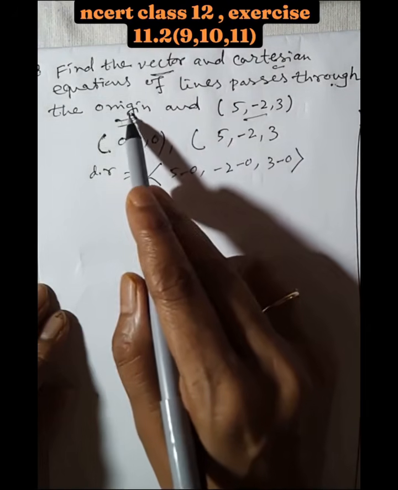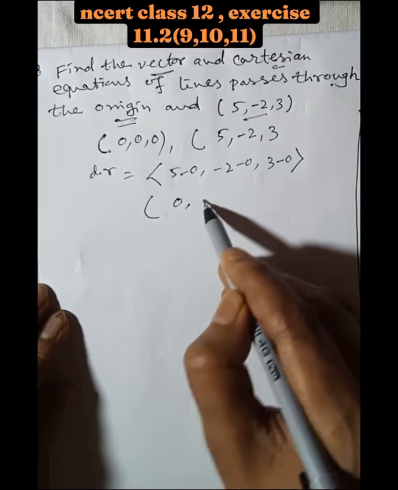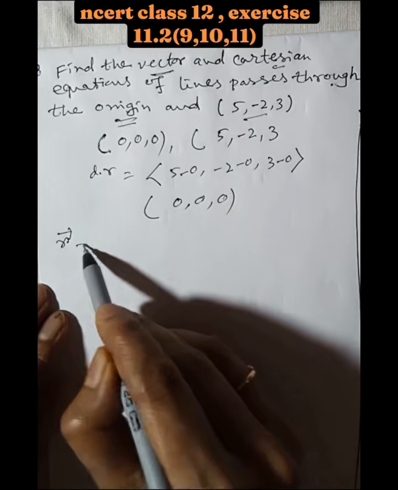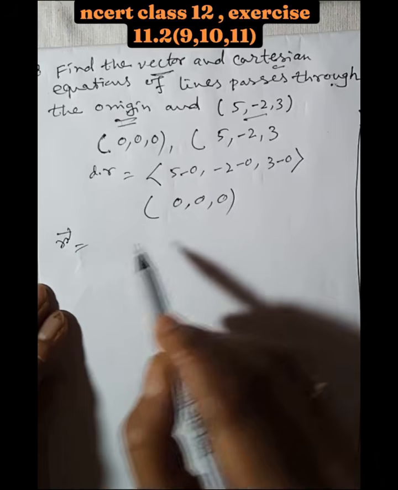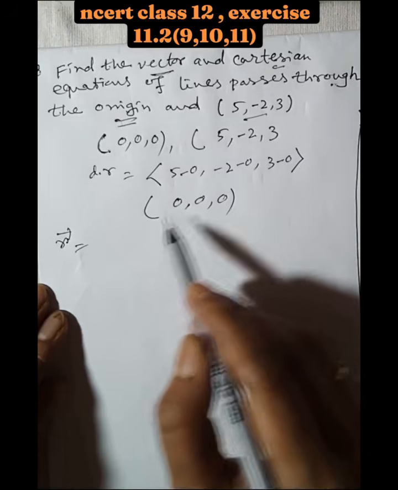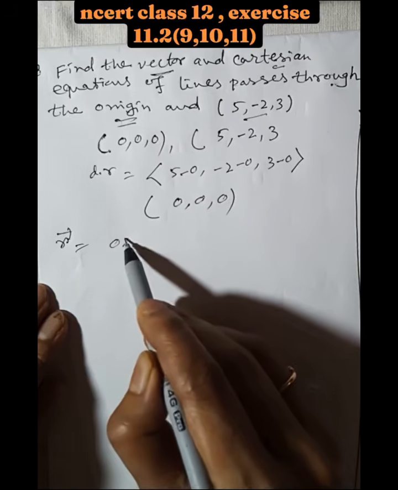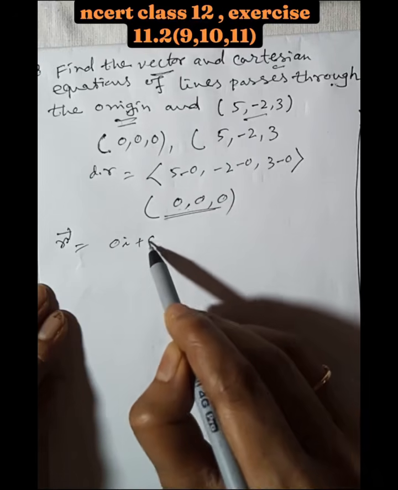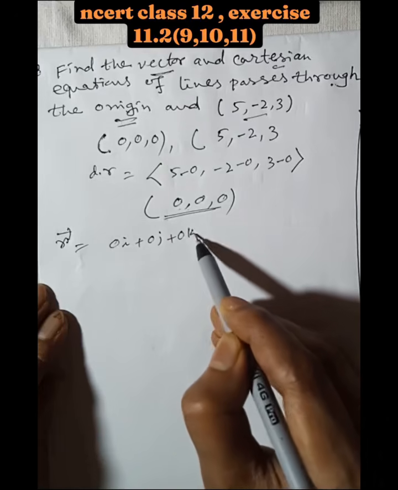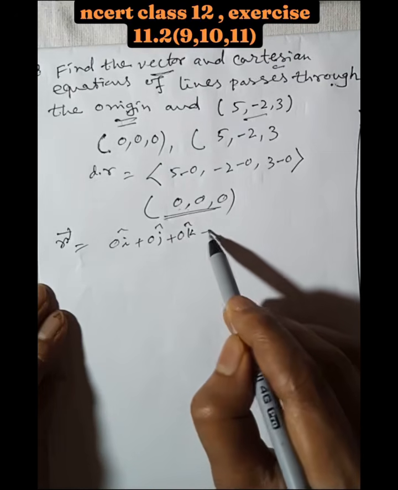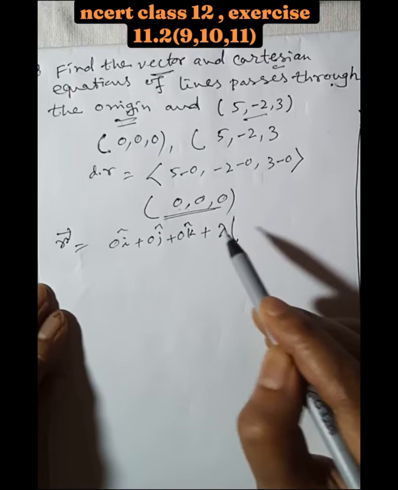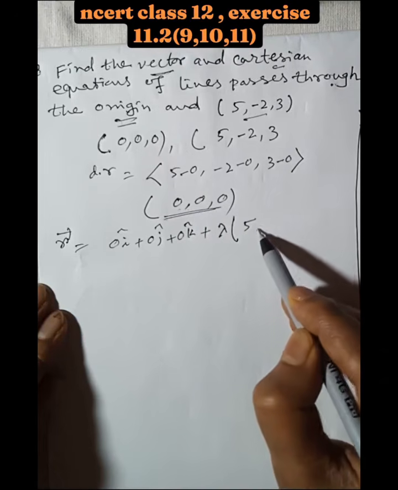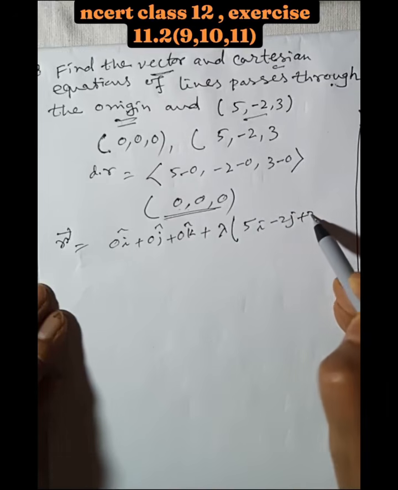And the line passes through the origin. So the vector equation of the line r will be: since the position vector of the origin is (0, 0, 0), that is 0i, 0j, 0k, the null vector, plus lambda, where lambda is an arbitrary constant, times the direction ratio 5i - 2j + 3k.